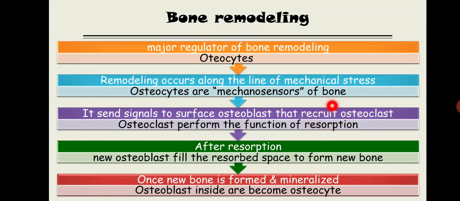Once the resorptive activity is over and makes a space, that space will be invaded by osteoblasts. The osteoblasts will secrete collagen fibers and then mineralize them with calcium, phosphate and hydroxide ions to make hydroxyapatite, and the osteoblasts will be entrapped inside their own secretion and converted into osteocytes.